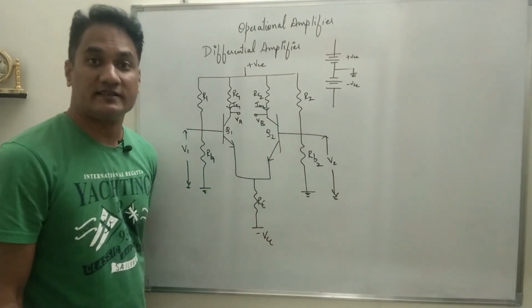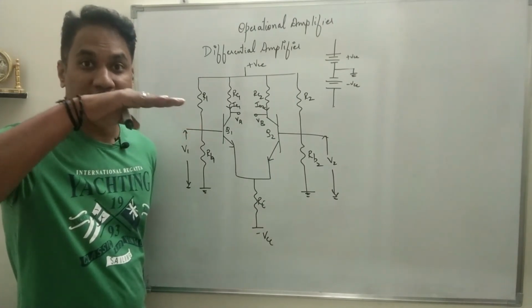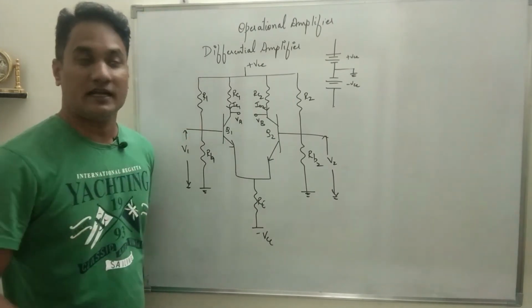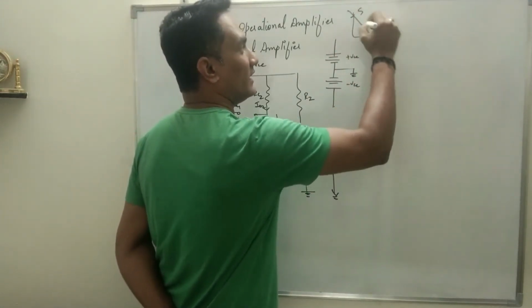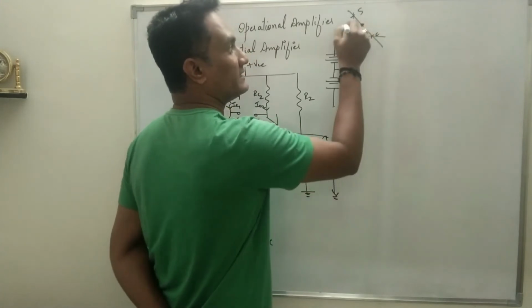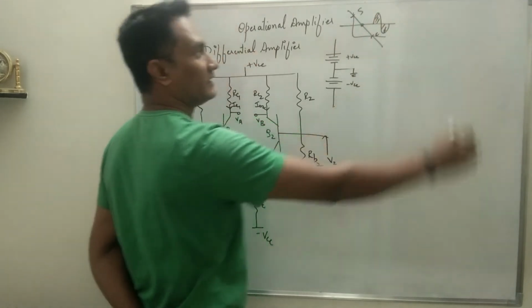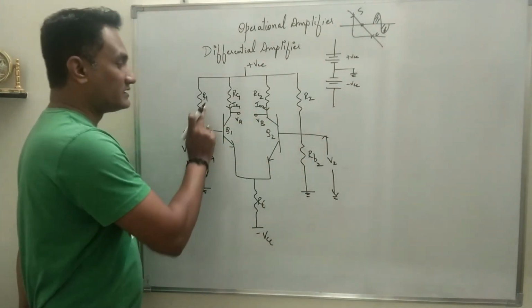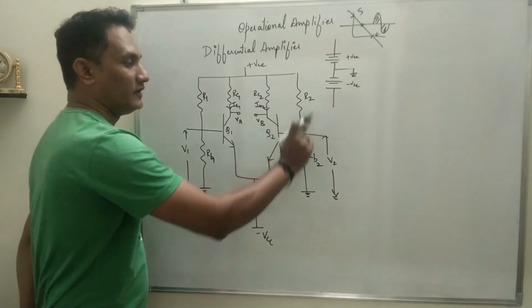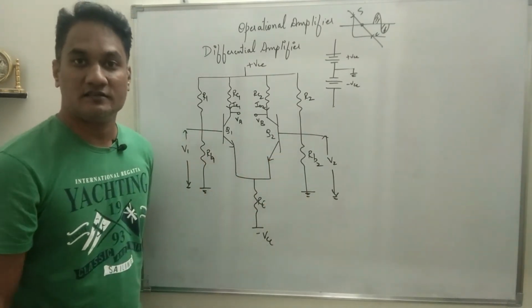So of course, if biasing resistances are there, the operating point is stable, and the operating point should be exactly between saturation and cutoff, right? Saturation and cutoff, and the operating point should be exactly at the center, so that both positive as well as negative half cycle should be amplified. So the operating point will be stable because of RB1 and RB2. Okay, so the first disadvantage is removed.